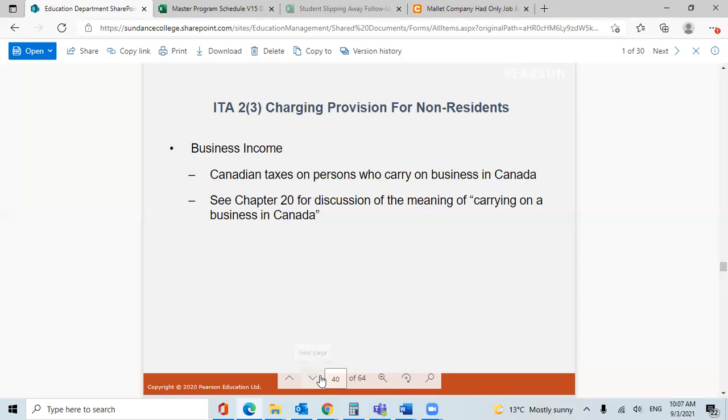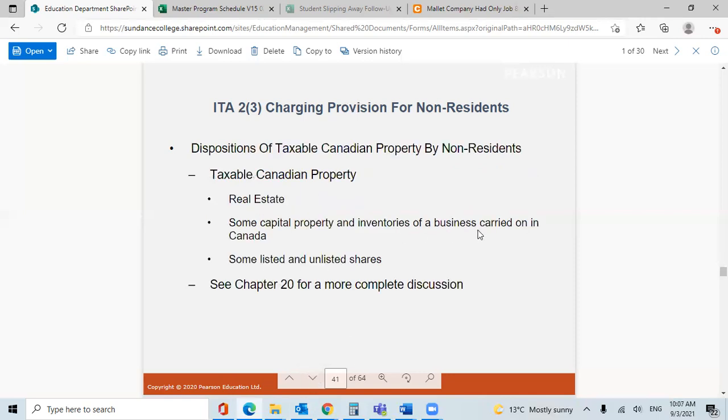And then the next one is disposition of taxable Canadian property by non-residents. If a resident of the United States sells a vacation property that he owns in BC, any gain on that sale will be subject to Canadian income tax. Taxable Canadian property includes real estate, the house, the residential property; second, some capital properties and inventories of a business carried on in Canada.